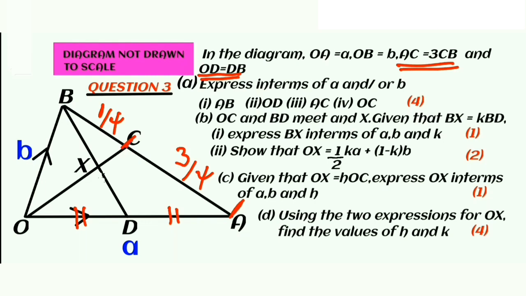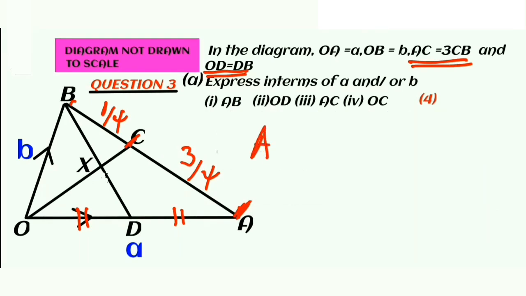So let us go through the questions one by one slowly. The first question, express AB in terms of A and B. So from A to B, we have to move A O plus OB.